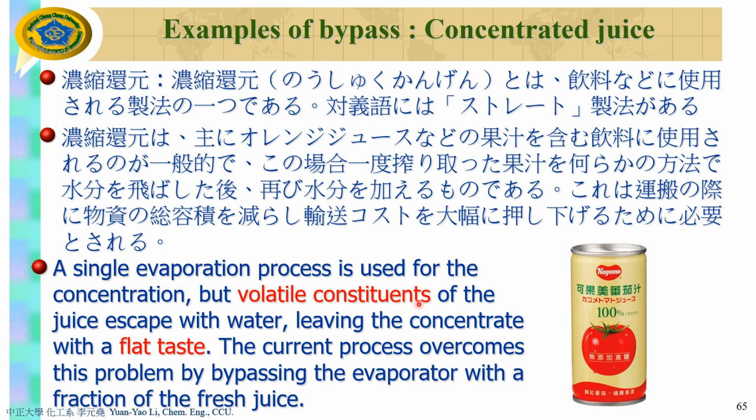So volatile constituents are vaporized together with water, and you lose them, but you want to put them back. Otherwise, when you drink orange juice from the United States, it doesn't taste like orange juice. You would feel this is some kind of artificial orange juice. So they put fresh orange juice back, and you can have the same taste. That's the meaning of bypass.